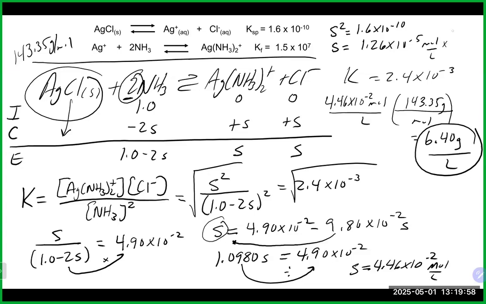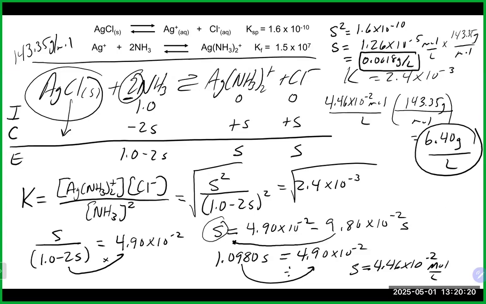And if we times that by our 143.35 grams per mole, that would give us for water a solubility of, as we saw earlier, something like 0.0018 grams per liter.